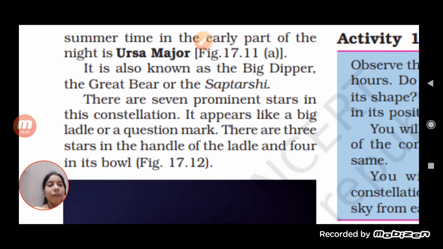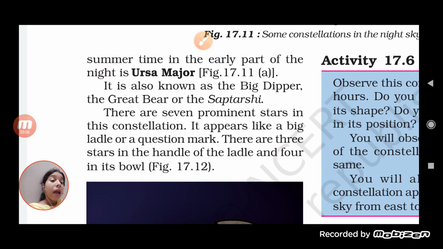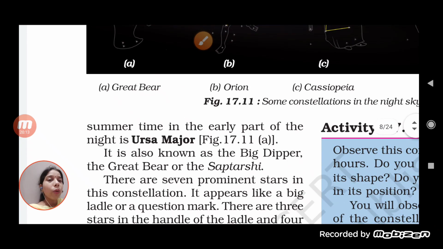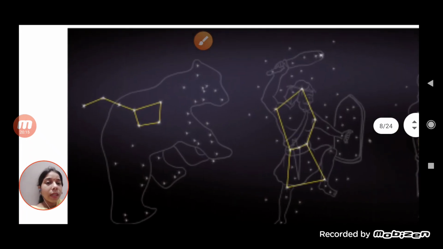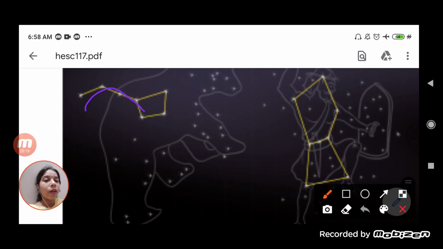There are 7 prominent stars in the constellation, and it appears like a big question mark, and there are 3 stars in the handle of the ladle and 4 in its bowl. If we talk about how it looks like a spoon, when you look at the structure, student, this is the handle of the spoon.